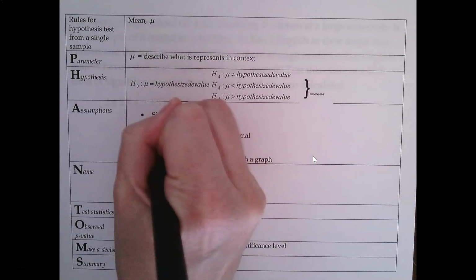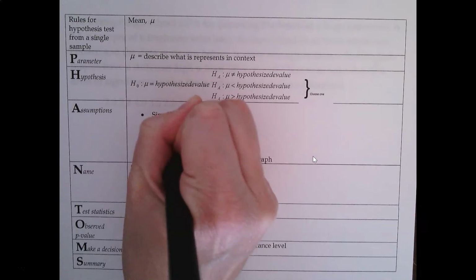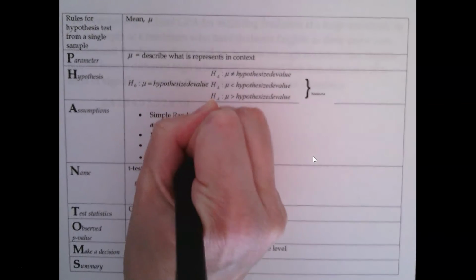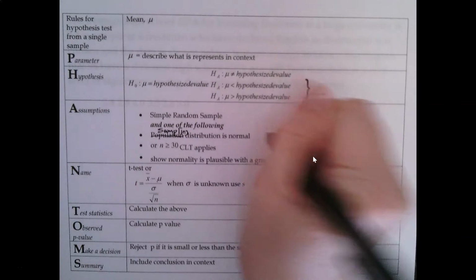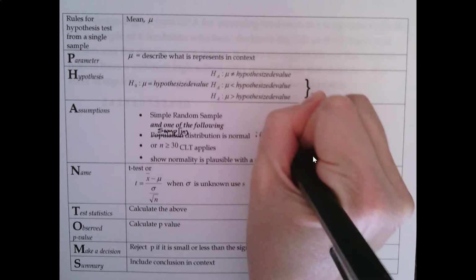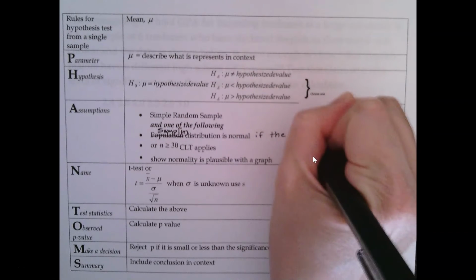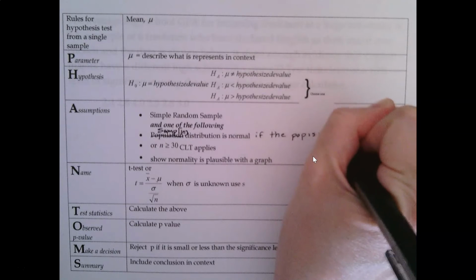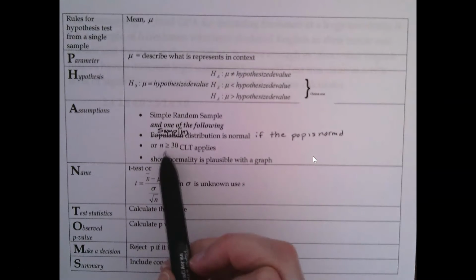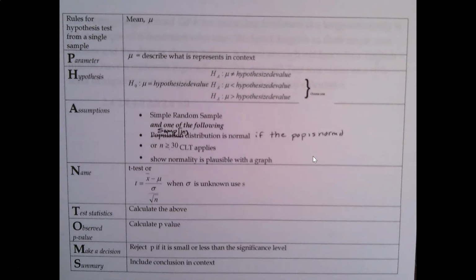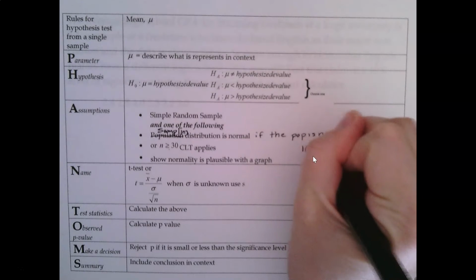This actually should say sampling distribution is normal if the population is normal. Okay, it's also if the sample size is greater than 30, the central limit theorem applies. You could also graph it to show normality. Okay, and then the other condition, you also have the 10% condition, which we've talked about.